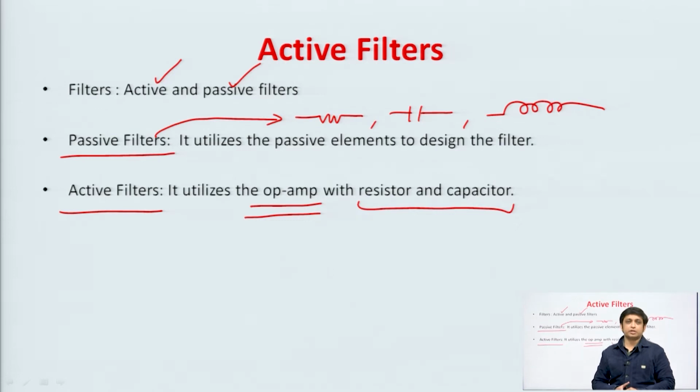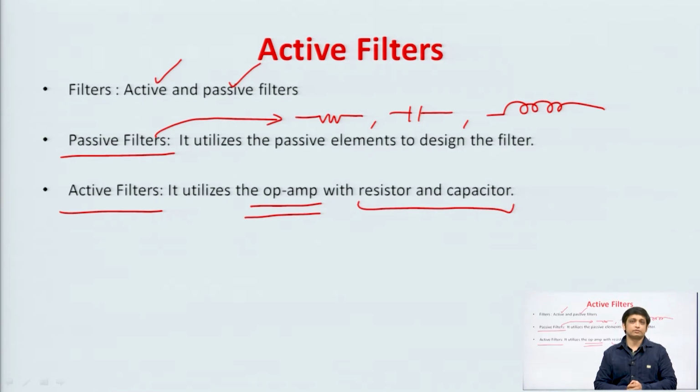Now, the question arises: what are the advantages of active filters, why are we more focusing on active filters here? The reason is that since we are using active element op amp here, we can amplify the input signal. But in passive filters, since there is no active element involved, signals are attenuated.